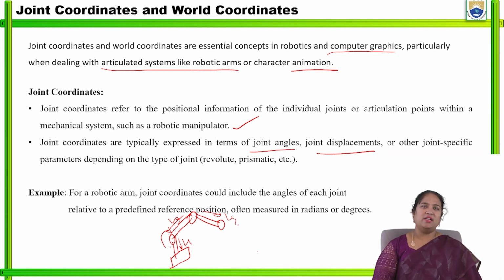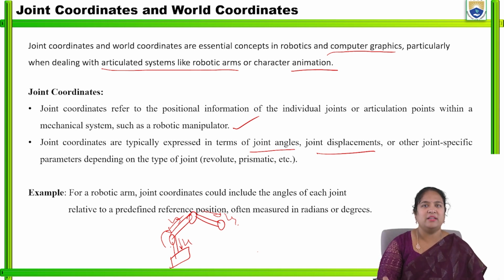This typically depends upon whether the movement of the robot is revolute or prismatic. Depending upon the movement, we define the joint coordinate. Clear? So these are generally used in animations, robotic arms, and computer graphics. These are some of the applications of the joint coordinate systems.